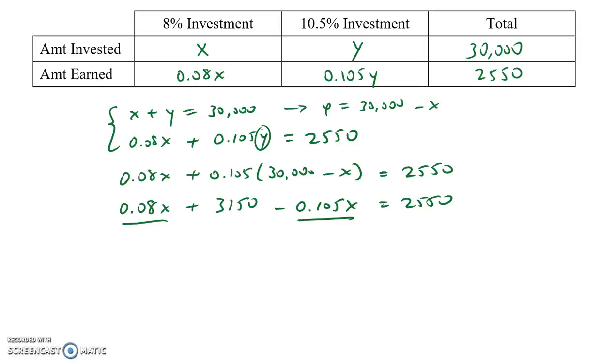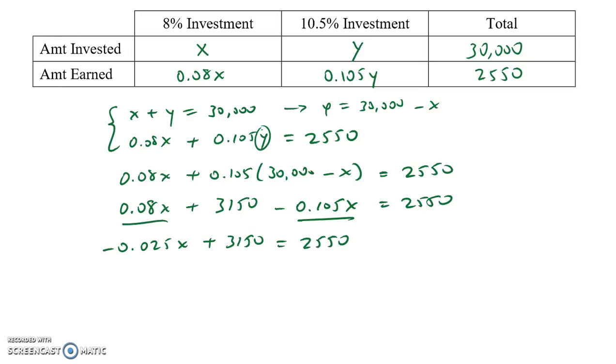Those are like terms. We just subtract 0.105 from 0.08. That's going to give us a negative number, negative 0.025x. And then let me just rewrite the 3150 for now, and 2550 on the right.